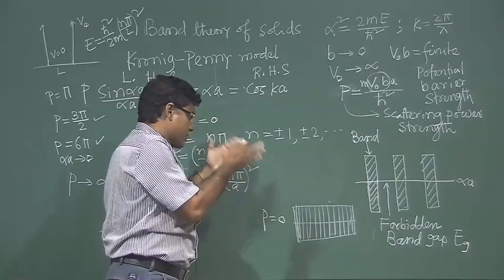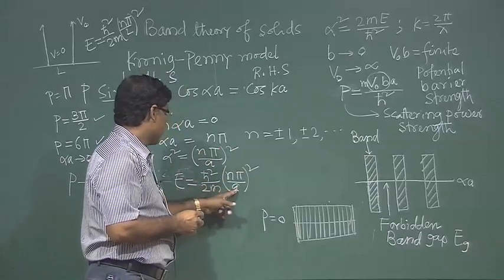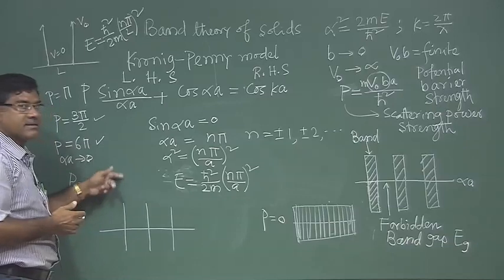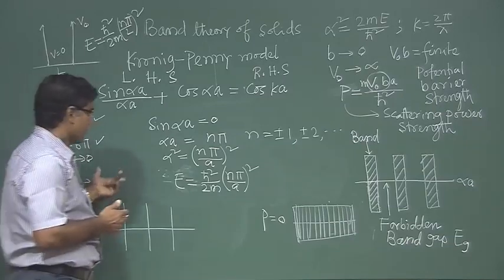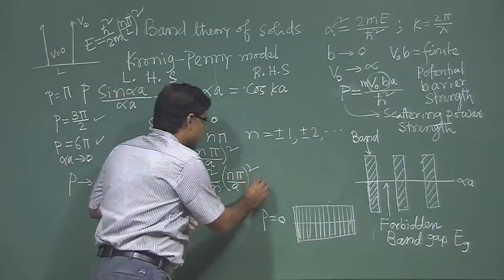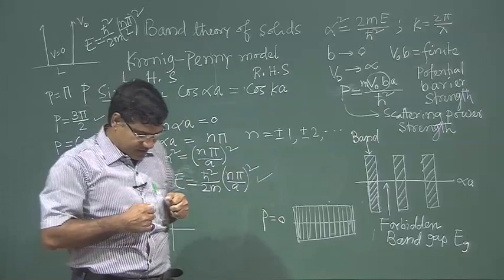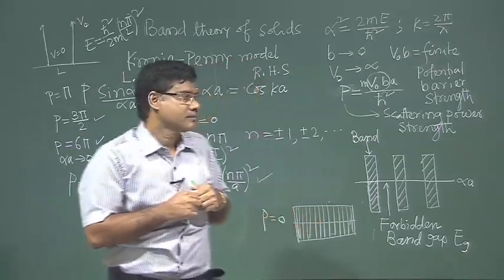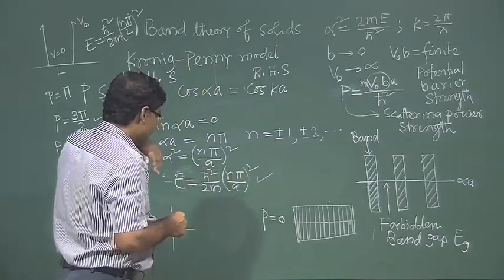So, this potential has periodicity a, and when this potential is very high, P tends to infinity. So when the potential is very high, it is as if the electrons are strongly bound in the system.